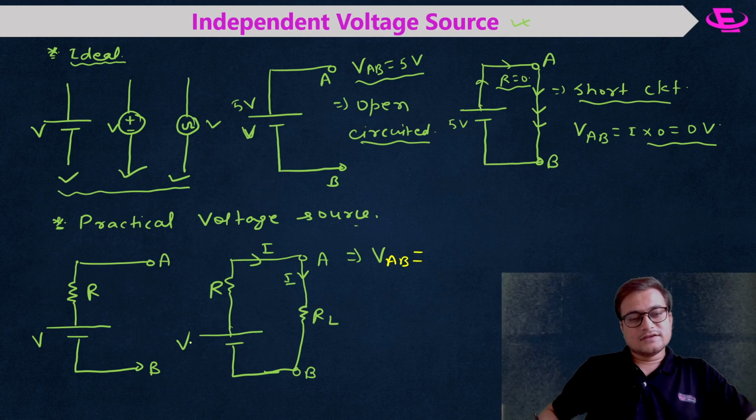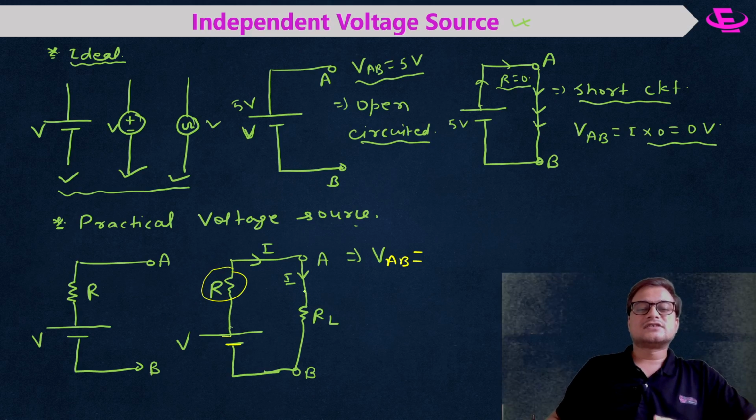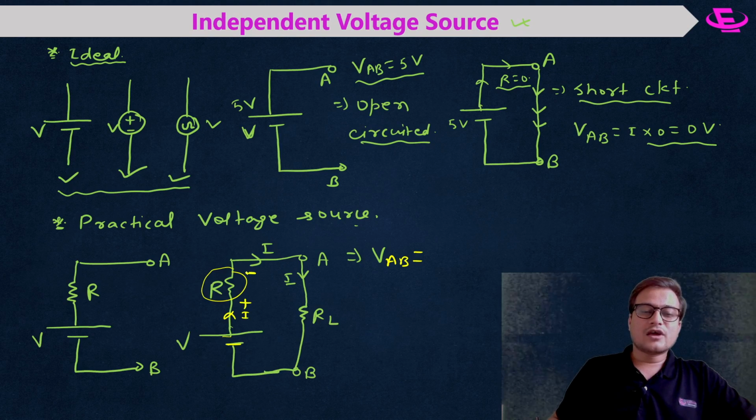So what will be the value of VAB? Here, see this point. This is voltage V, the battery voltage. If there was no resistance, its terminal voltage would be V volt. But right now there is a resistance. So what is the role of this resistance? A current I will flow through this resistor and there will be a potential drop across it.